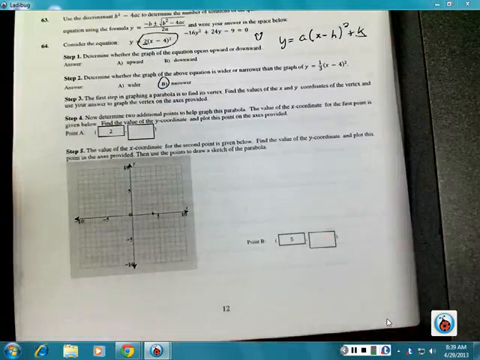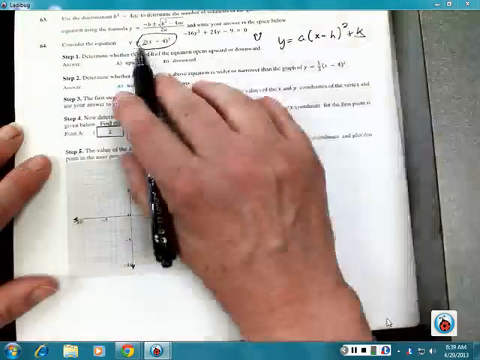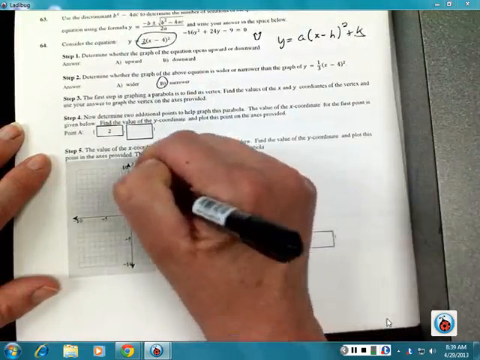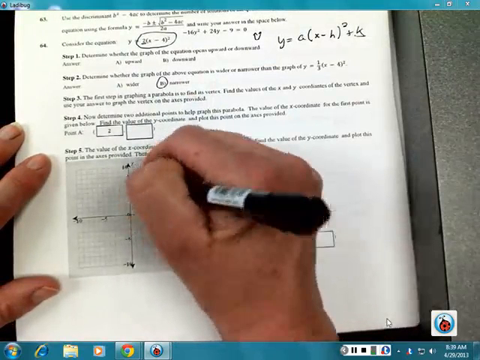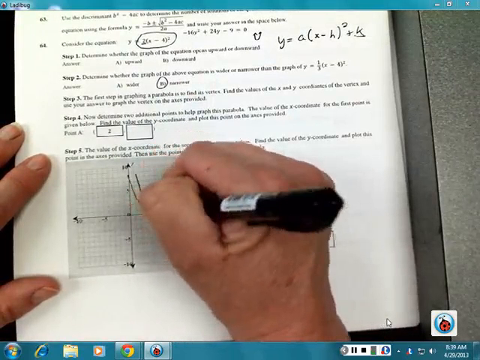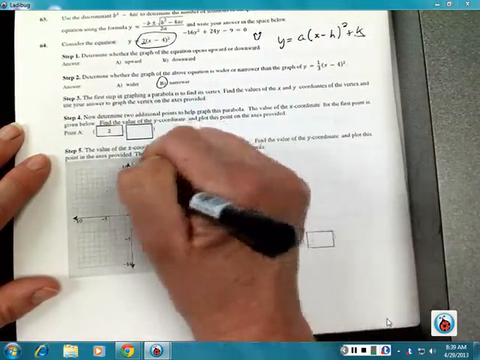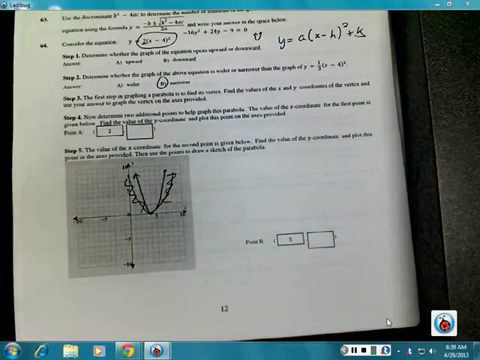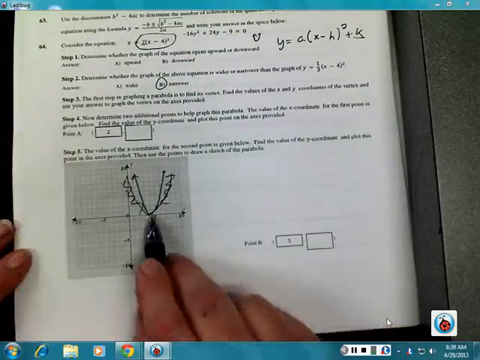And you would just figure out, whoops, narrower, not wider, narrower. Get my graph in here like it's supposed to be. So it should be narrower than the other ones. Yep. And it's going through the vertex of 4, 0.